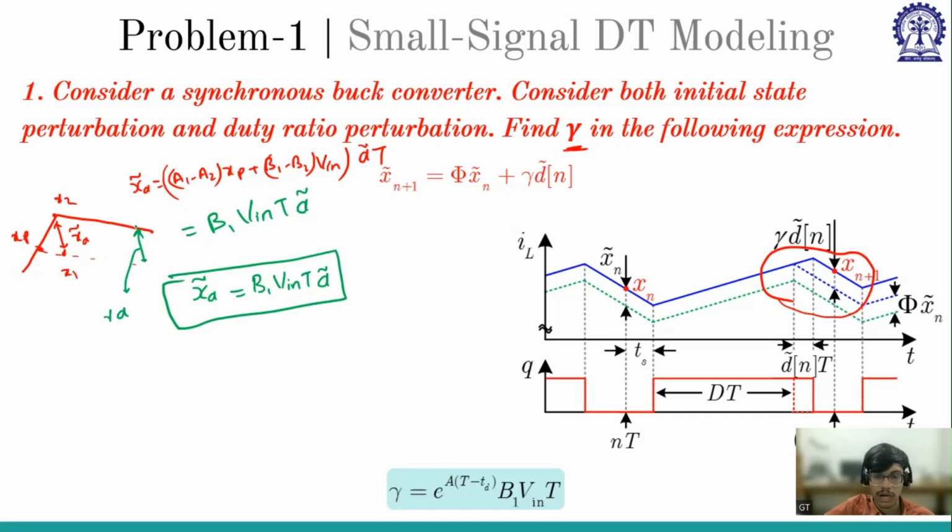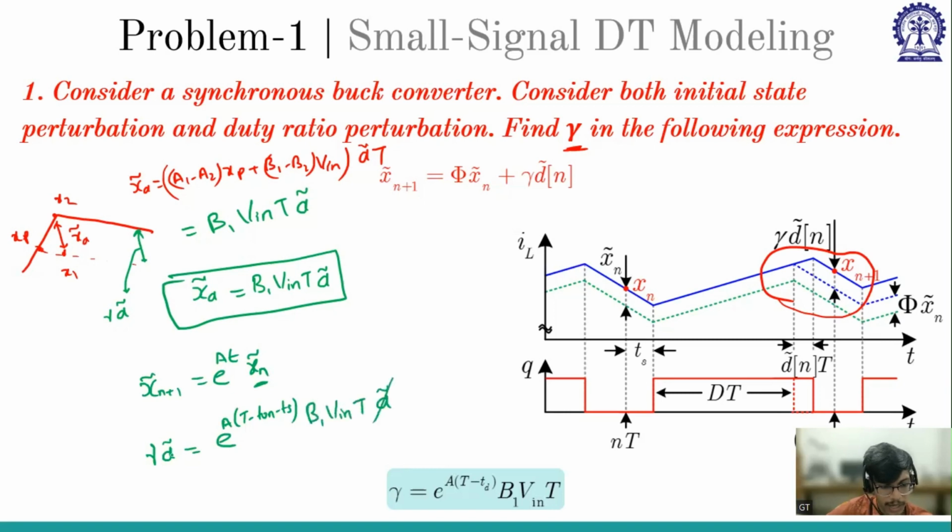Now this becomes the initial state perturbation. I know xn plus 1 perturb is equal to e to the power a into time t into xn perturb. Now my gamma d perturb is e to the power a into (T minus t on minus ts) into xd perturb, which is b1 into vin into t into d perturb.